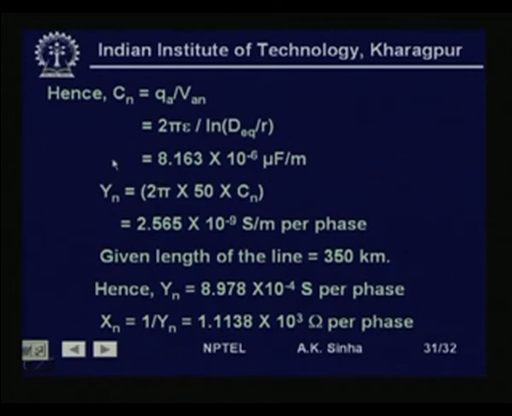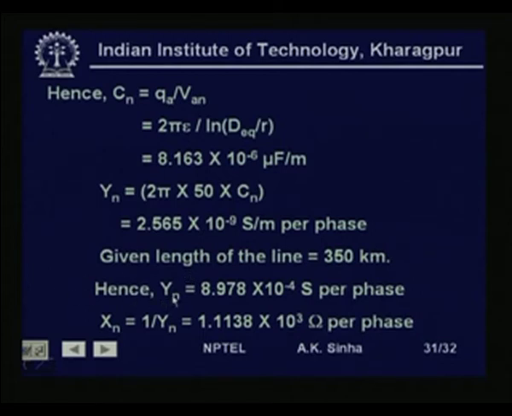We can find out the charging admittance of the line to neutral, which will be equal to twice pi f into Cn. After substituting the value, we get 2.565 into 10 to the power minus 9 Siemens per meter per phase. Now, we are given the length of the line as 350 kilometers.